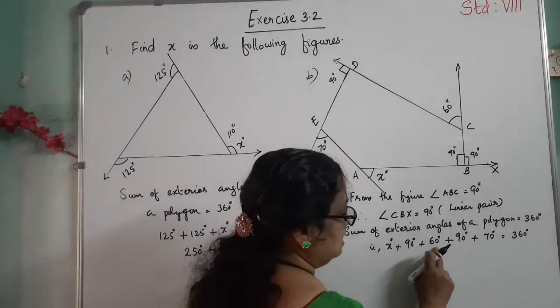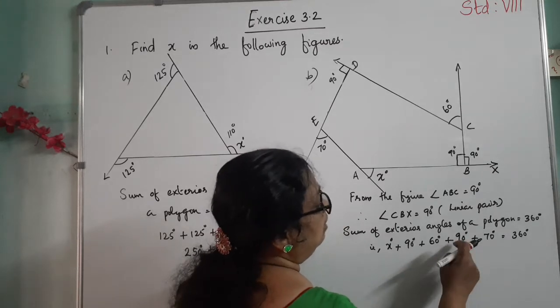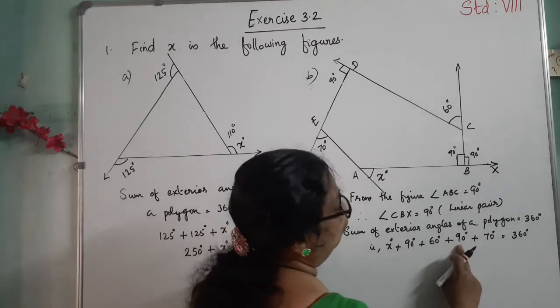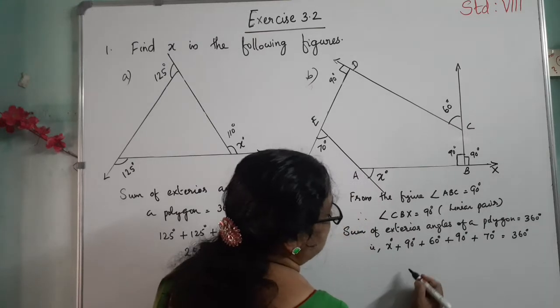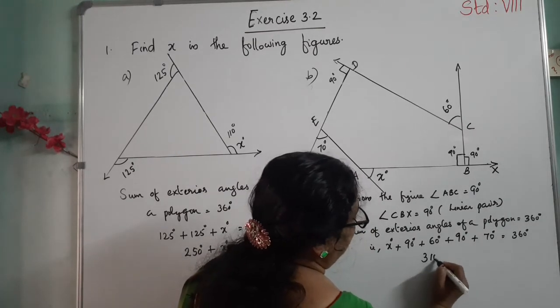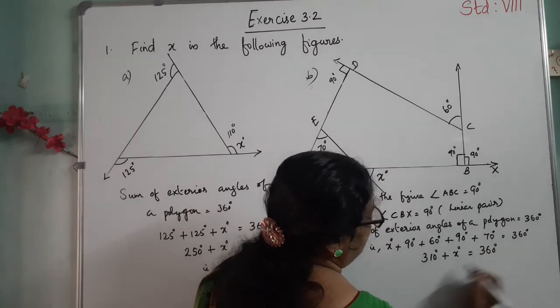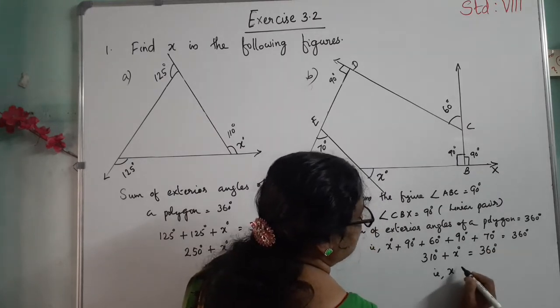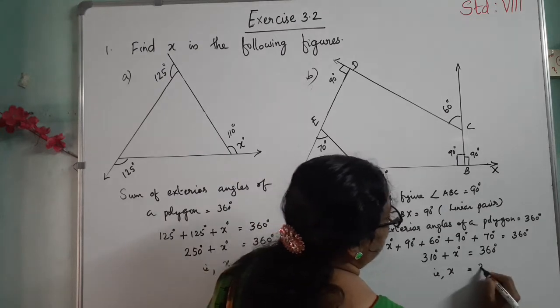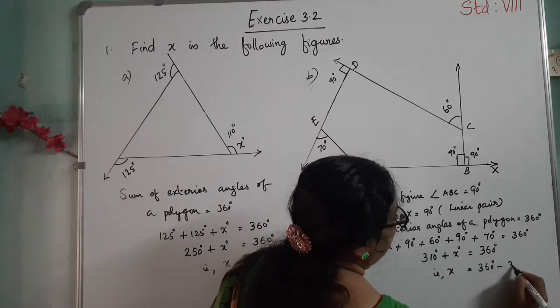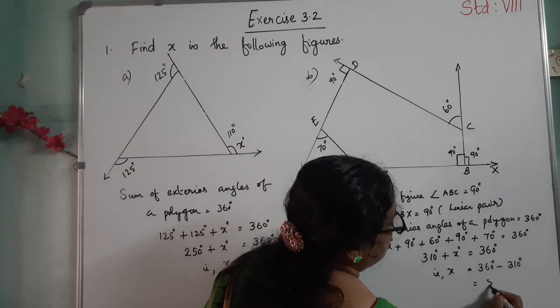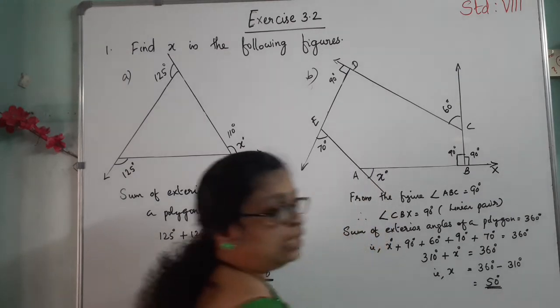Adding 90 plus 60 is 150, plus 90 is 240, plus 70 is 310 degrees, plus x degrees equal to 360 degrees. That is x equal to 360 minus 310, which is equal to 50 degrees.